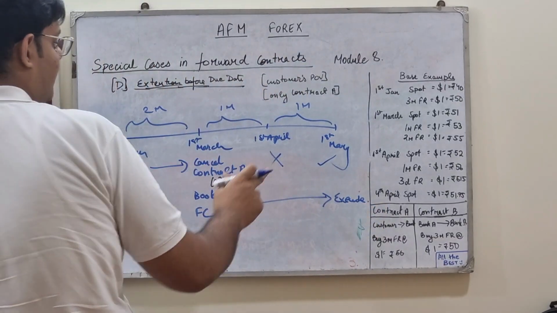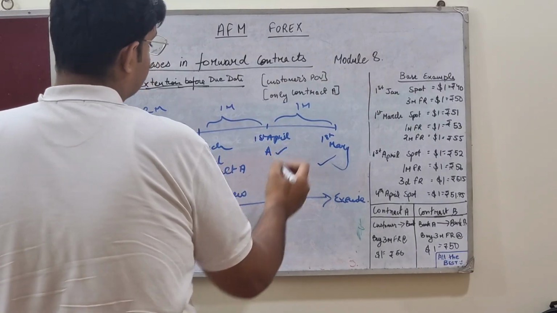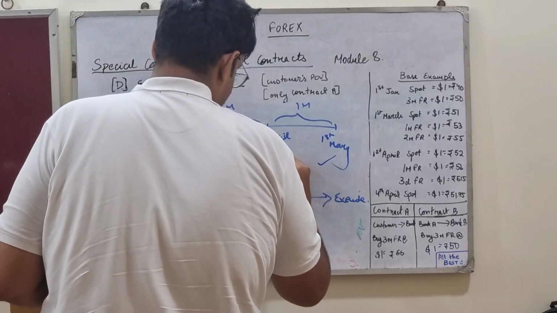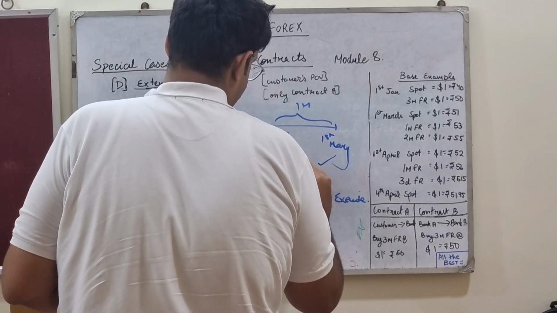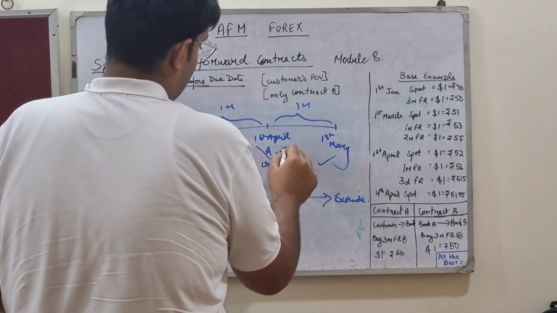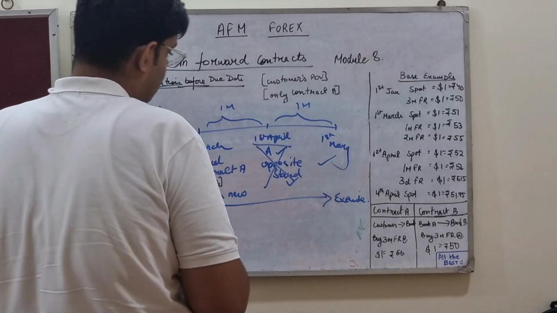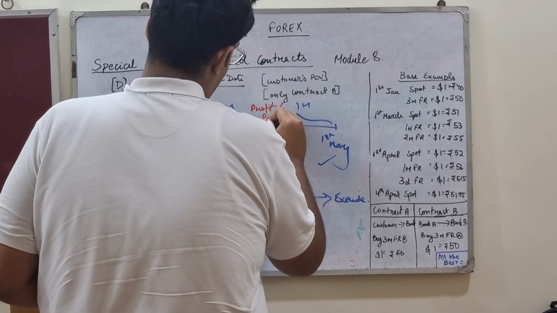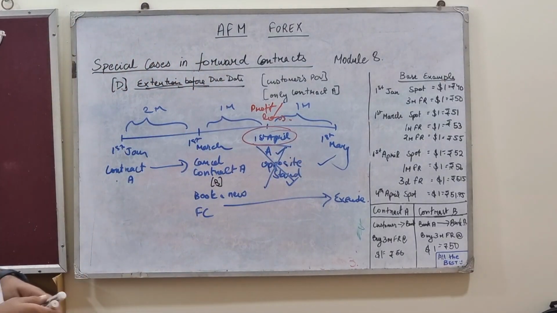Alright, so basically on 1st April, contract A will get executed, and the opposite stand will also get executed. Not exactly executed, but these will cancel each other out on 1st April, and the profit or loss would actually happen on 1st April.